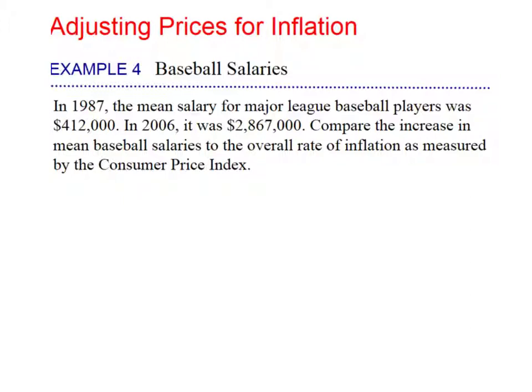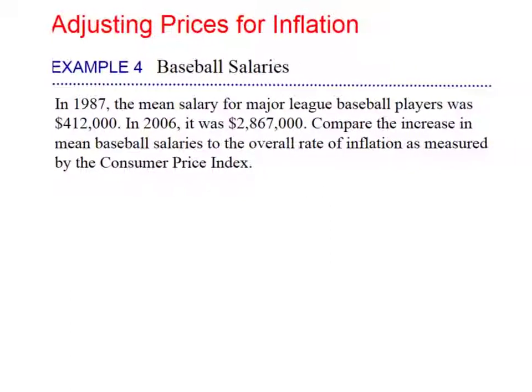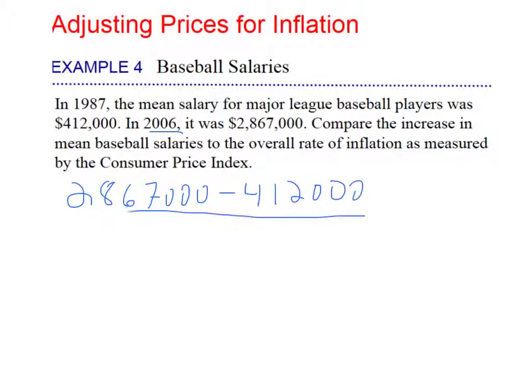Since we're dealing with percentages, that's how we're going to tackle this first. What's the percent increase or percent change in baseball salaries? So the new figure in 2006 was 2,867,000. We're going to subtract the old 1987 mean salary, and since 1987 is our reference year, that's what I'm going to divide by, and I'm going to make that a percentage.